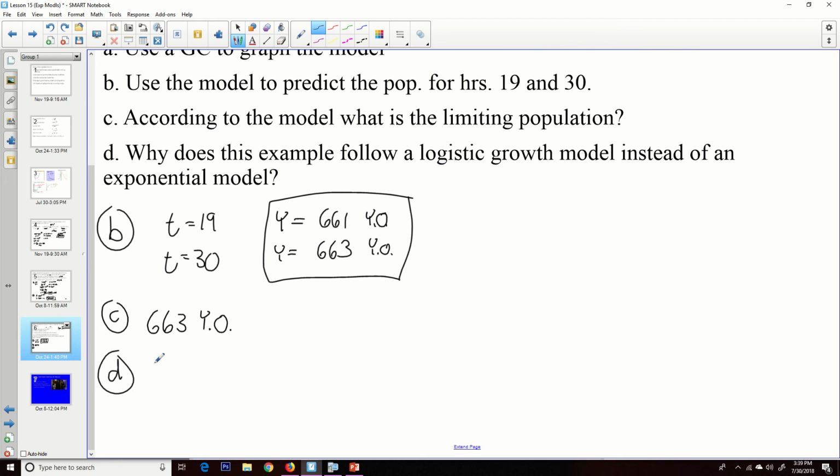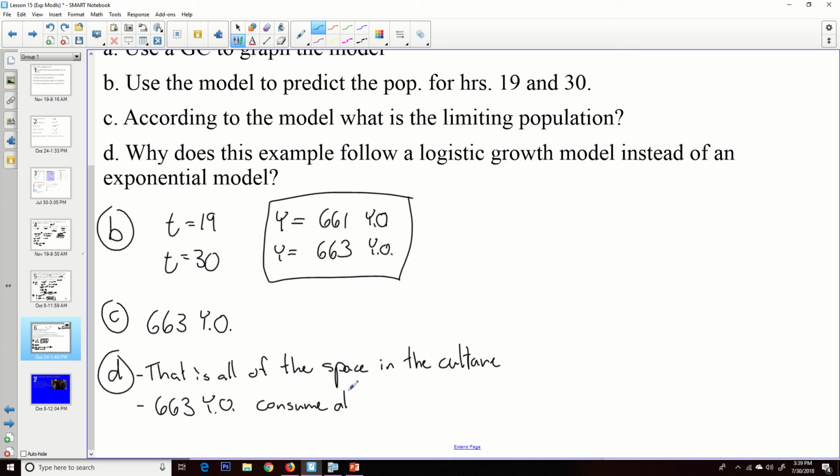You could say that all of the space in the culture is used up, or possibly that the 663 yeast organisms consume all of the food. So there are a number of different ways you could answer that.